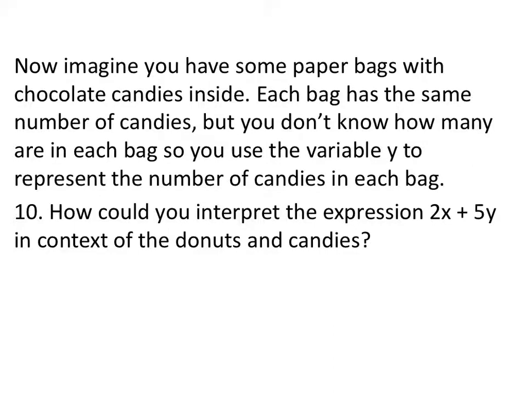Well, since x represents the number of donuts in a box, and we have 2x, we could say we have 2 boxes of donuts, and that's the 2x. And then the plus sign, I would represent with the word 'and.' We know y is how many candies are in each bag. So I'd say the 5 y's tell us we have 5 bags of candy.